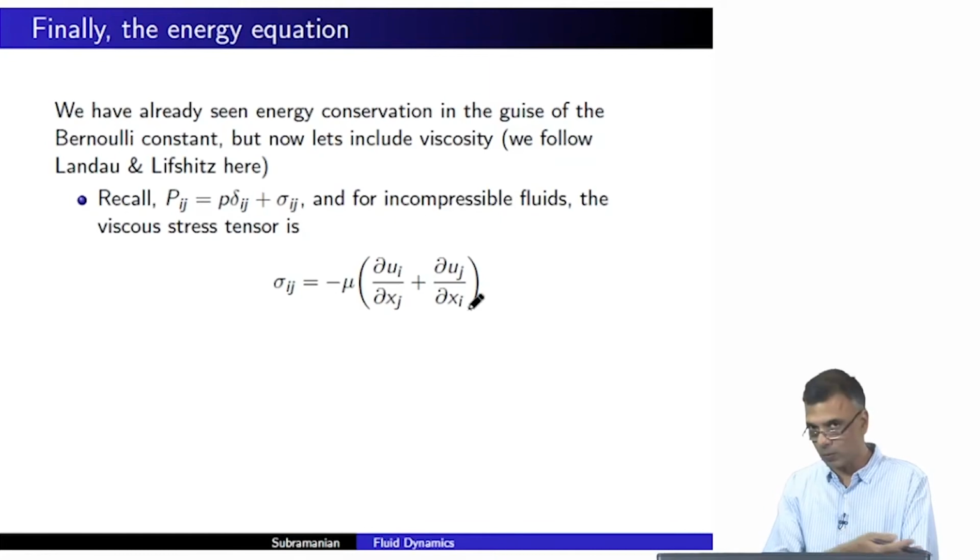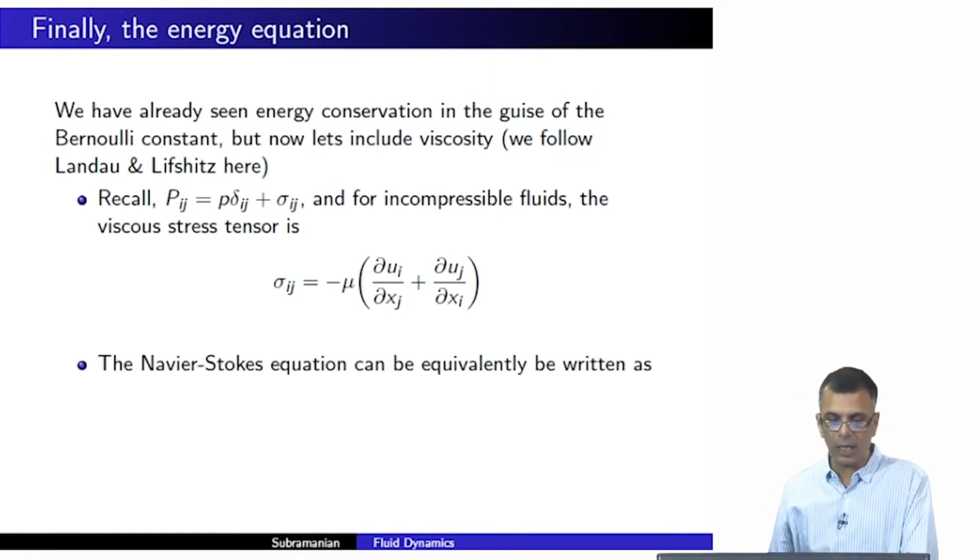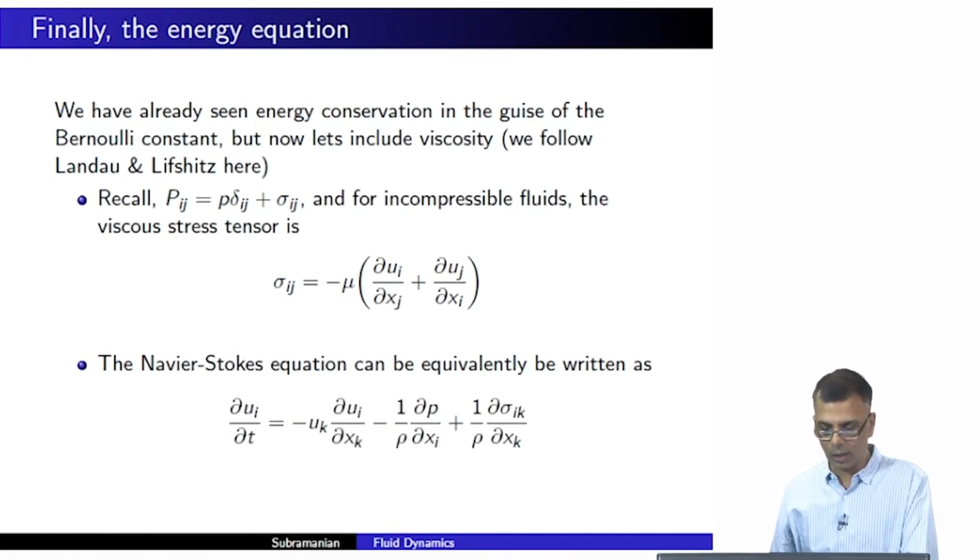Yeah, this is what we did in the previous slides. And the Navier-Stokes equation, which we wrote down, can equivalently be written as this. So what we've done is we've divided by the density throughout, and it's really the same thing.